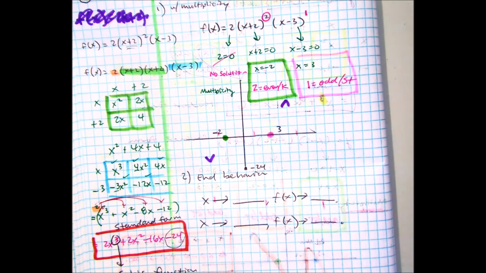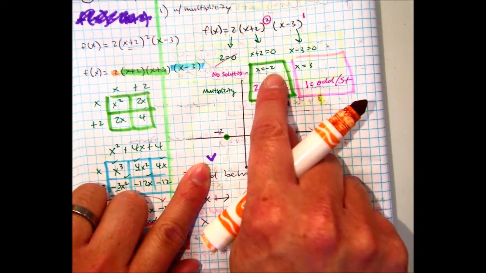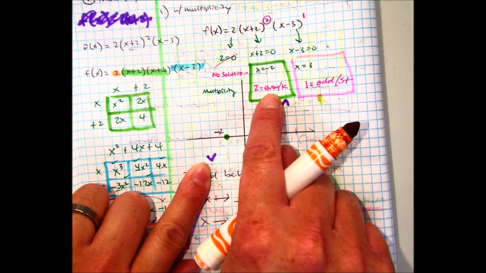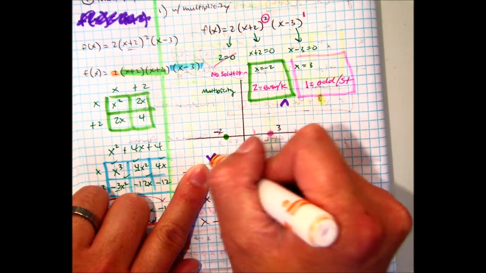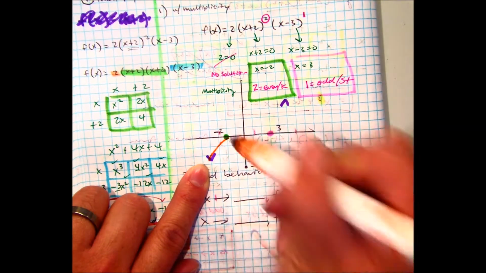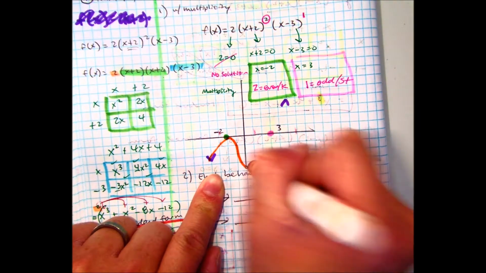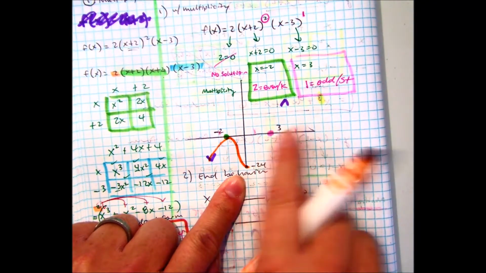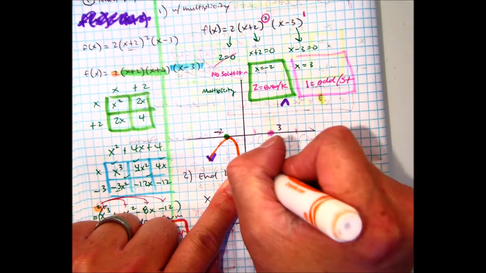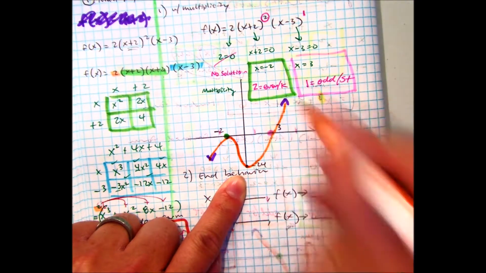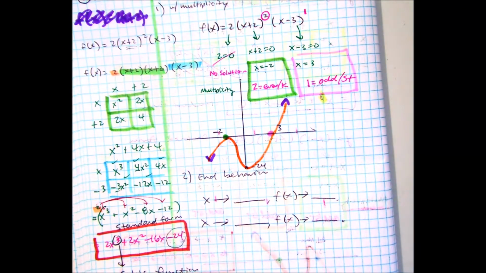Let's go ahead and graph this. So as I approach negative 2, what's going to happen? It's going to kiss, it's going to bounce off the x-axis. I'm going to go down to negative 24. And then when I approach 3, what's going to happen? Okay. So that's what we learned last week.